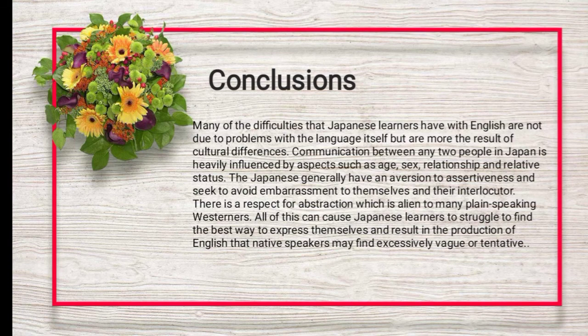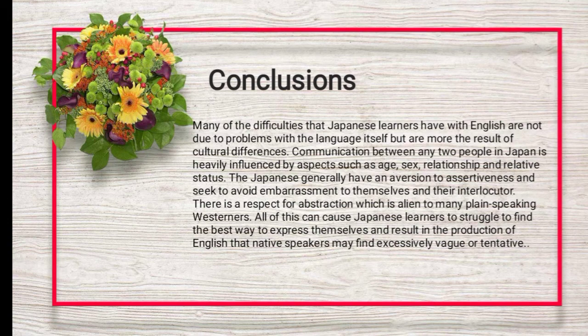Okay, the last is conclusion. Many of the difficulties that Japanese learners have with English are not due to problems in the language itself, but are more the result of cultural differences. Communication between any two people in Japan is heavily influenced by aspects such as age, sex, relationship, and relative status.